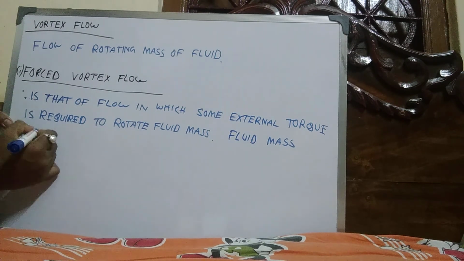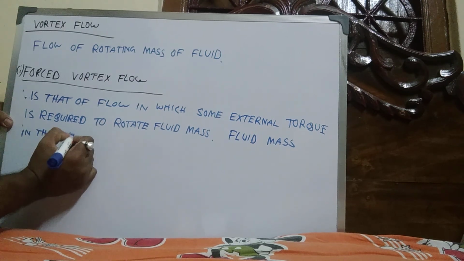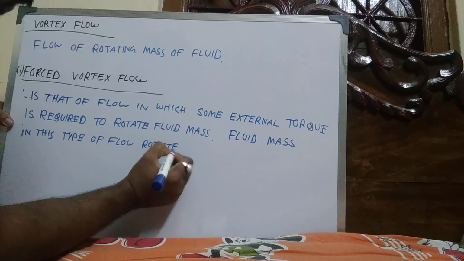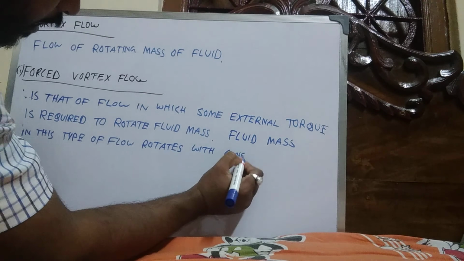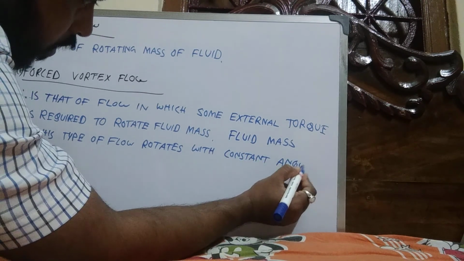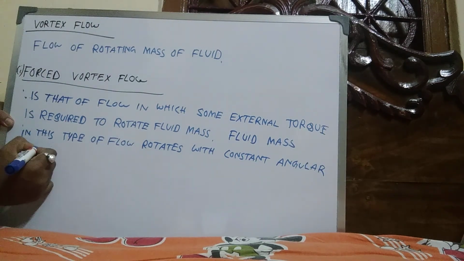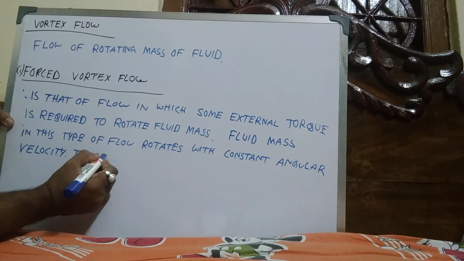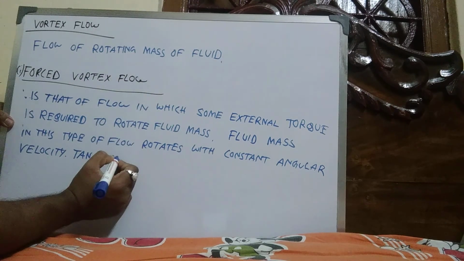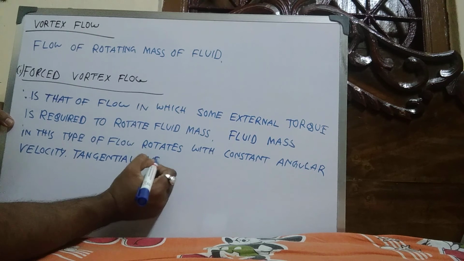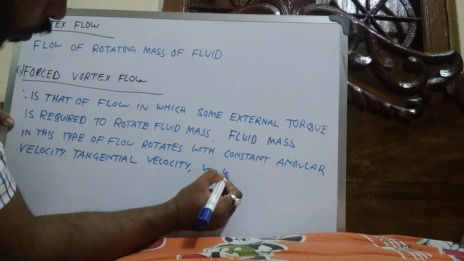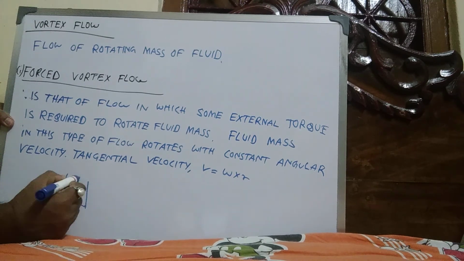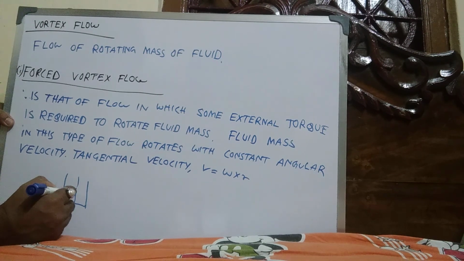In this type of flow, the fluid rotates with constant angular velocity, and the tangential velocity v equals omega into r, where r is the radial distance from the axis of rotation.